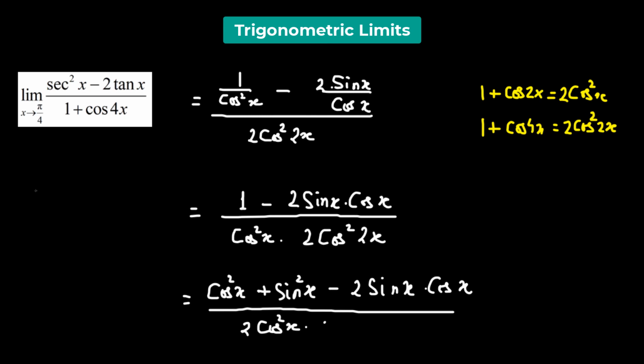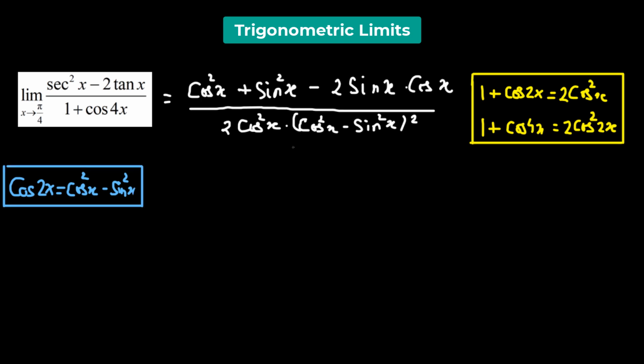Now cosine of 2x is equal to cosine squared x minus sine squared x. So we have cosine squared x minus sine squared x whole squared in the denominator.